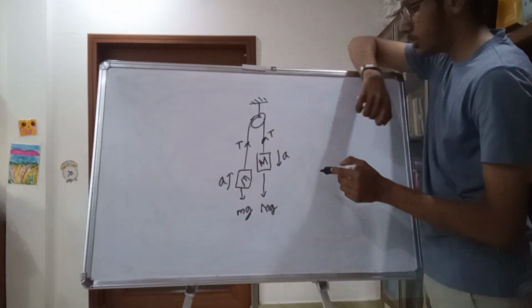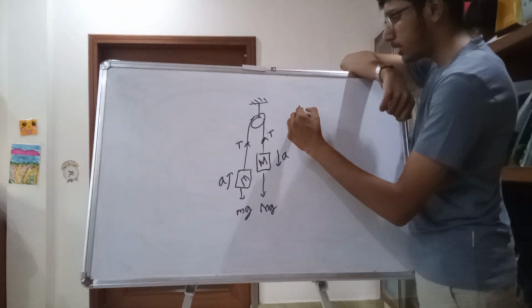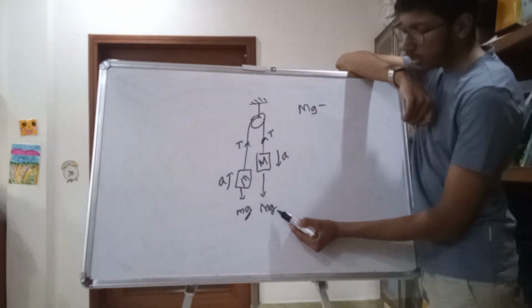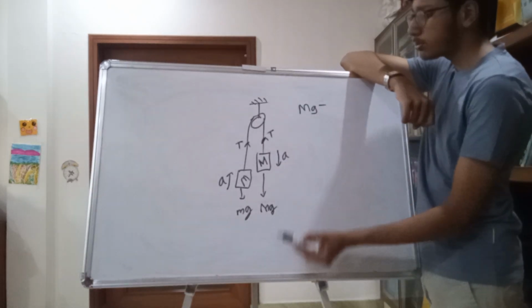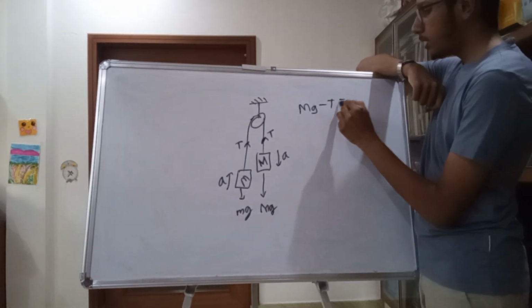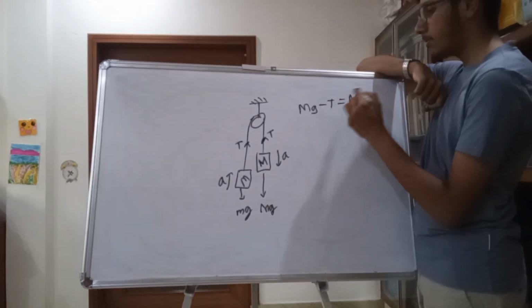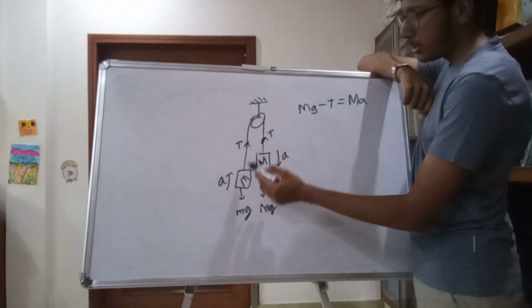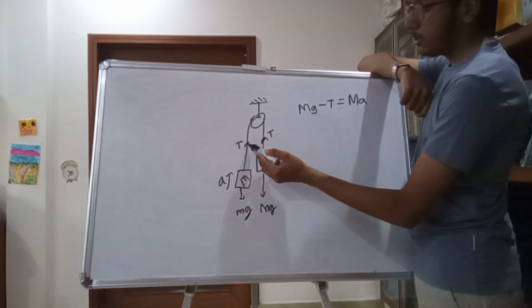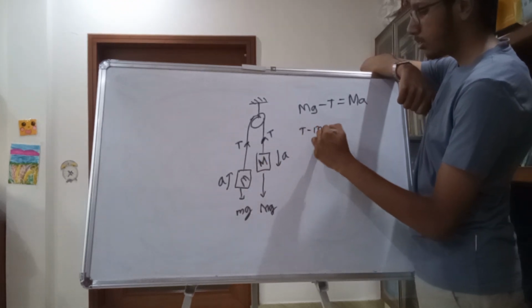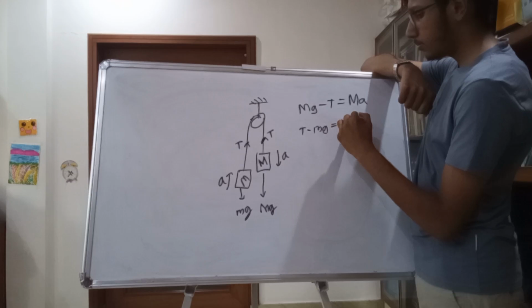How to frame the equation? First, for the one going downwards, you write that force minus tension, because this force is dominating, that is why it's going downwards. So here Mg minus T will be the net force, which equals capital M into A, mass into acceleration. Here for the other, tension is dominating the mg force, so it will be T minus mg equal to ma.